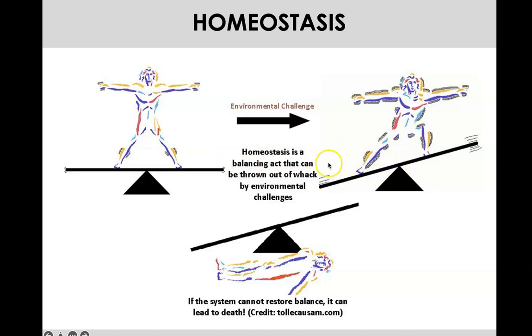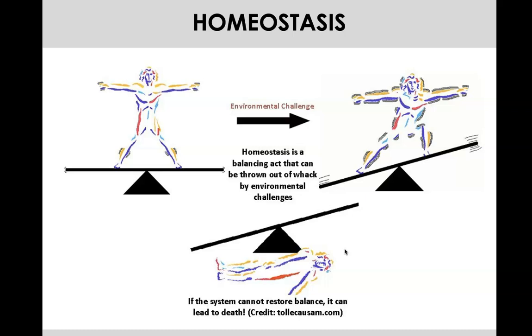And there are many things that can throw this balancing act out of whack, including environmental changes, or it can be an internal change, like you took a virus and it's causing internal changes. And ultimately, if your organ systems are not able to restore balance, those changes eventually would lead to death.